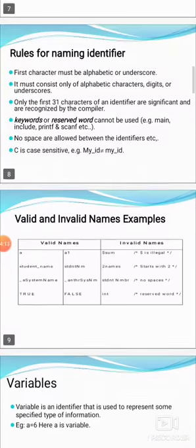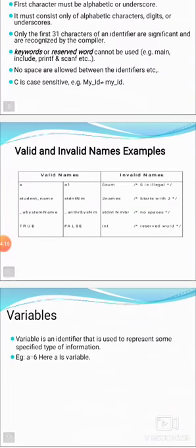And these are valid and invalid names examples. Here the valid names are A1, student_name, true, false. In this way, you can give valid names. Invalid names are $sum. Here you should not give like that because dollar is an illegal naming convention. And 2names is not a valid identifier name, because in identifier the rule is it should start only with a character.